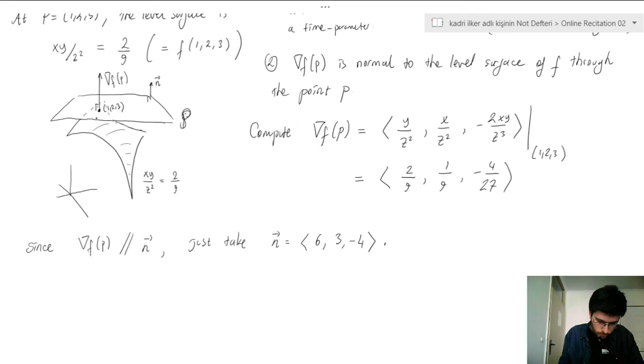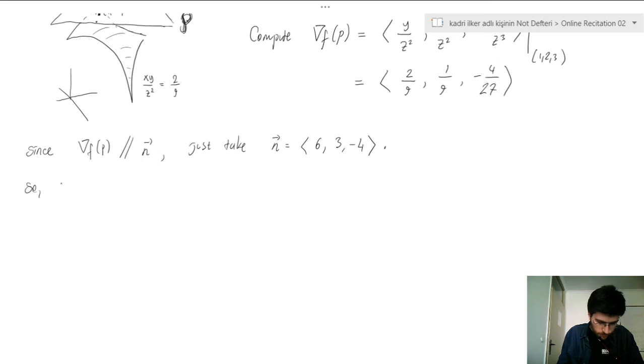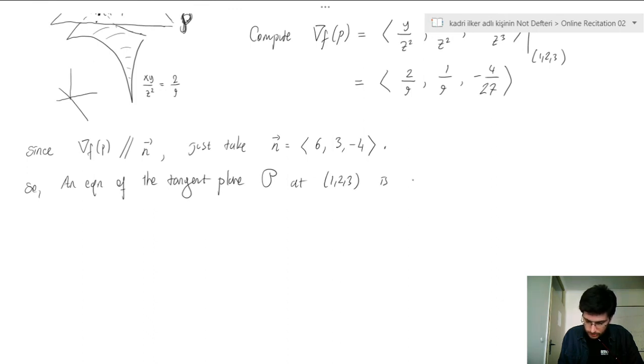So it's a point P and the plane. An equation of the tangent plane at P = (1, 2, 3) is given by 6(x - 1) + 3(y - 2) - 4(z - 3) = 0.